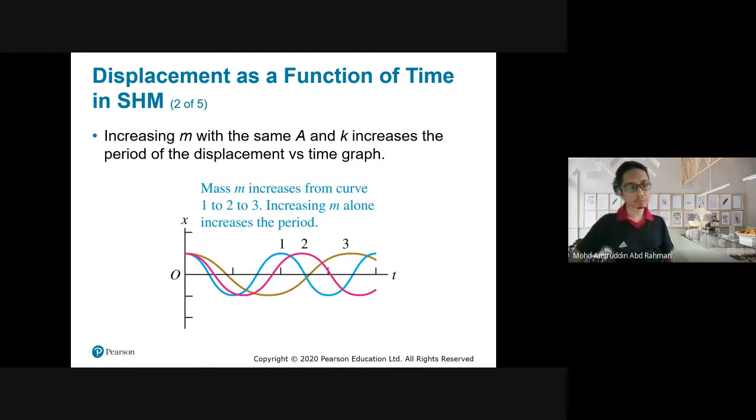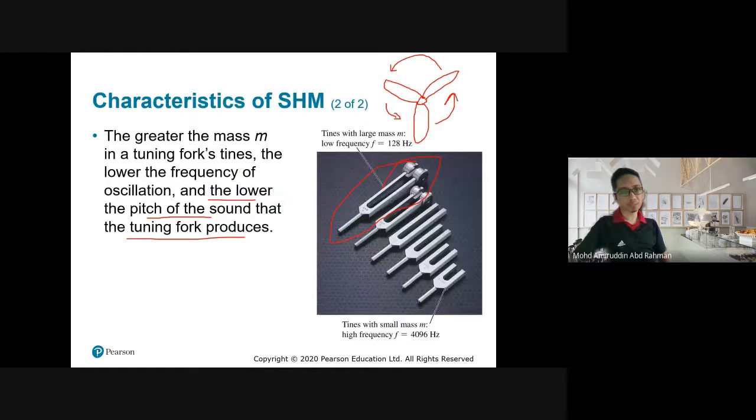Okay, so when we increase the mass, what will happen to the graph? With the same amplitude, increasing the mass increases the period of the displacement versus time. With the mass increase, of course, we learn from here that we have a lower frequency.